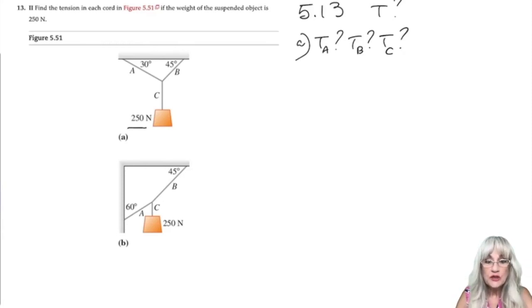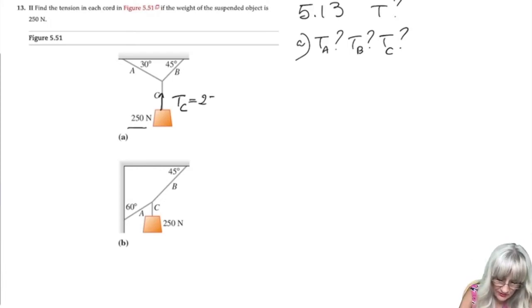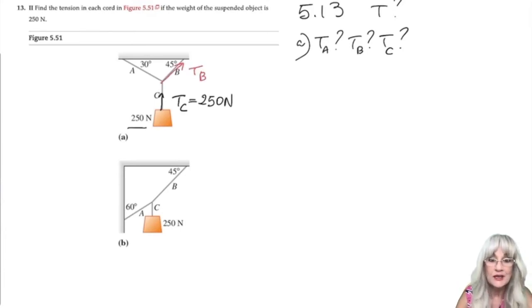So in configuration A, you see immediately that there is a tension T of C in cable C, and this is nothing else really than 250 Newton, so that was kind of easy. Then there is a tension B right there. I'm going to do it in red, and here is again tension A.